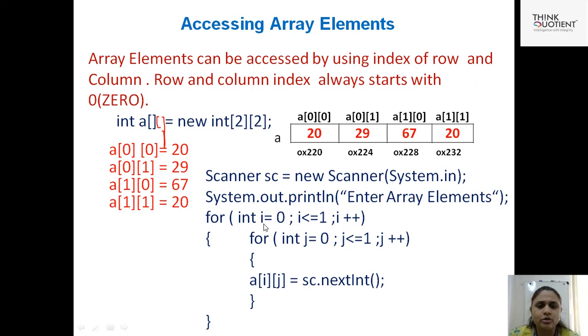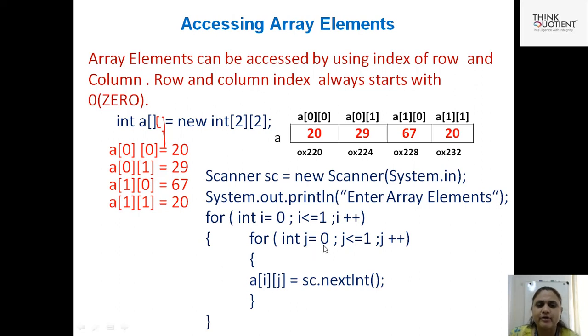So for the 0th row, now I am interested in accessing the first column, second column in that way. When i is 0, means when I am dealing with the 0th row, with the inner for loop I am trying to access the elements from its first column and second column. So in the inner for loop we are using j, which represents the column index.